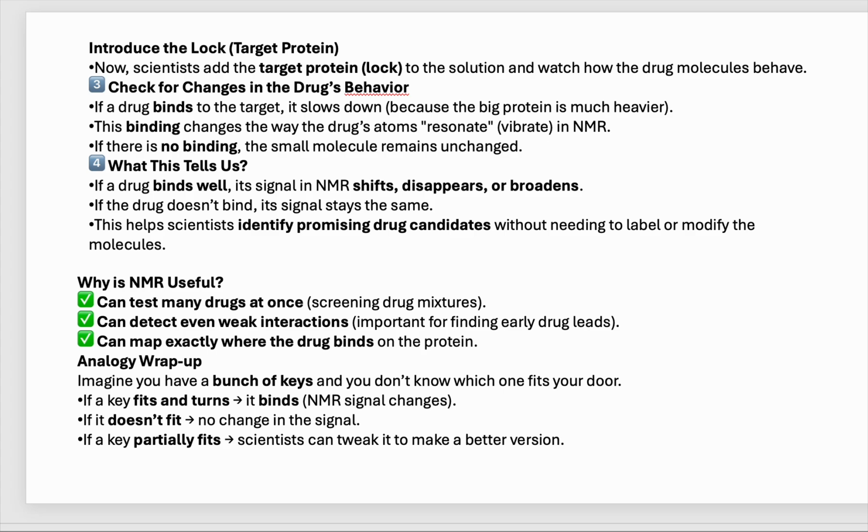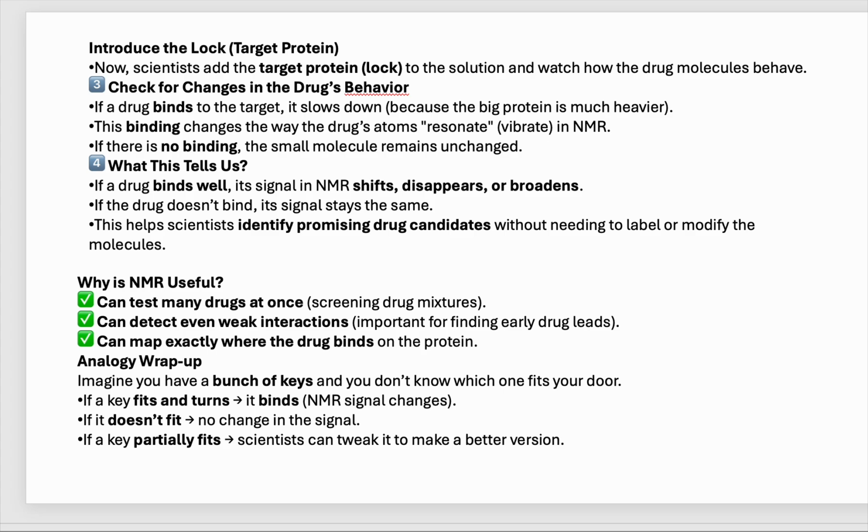So if the drug binds well, there's a change in the NMR shift. The NMR signal shifts, disappears, and broadens. If the drug does not bind, the signal stays the same. This helps us identify promising drug candidates without needing to label or modify the molecule. That's why they're used for screening.